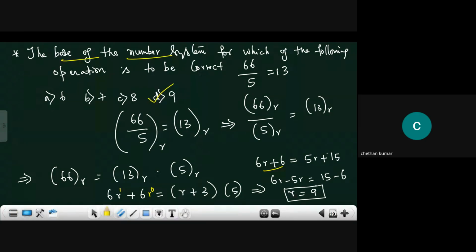LHS is equal to RHS. So the r value is nothing but 9. Did you understand how to solve a question like this? Can we move on to the next question?